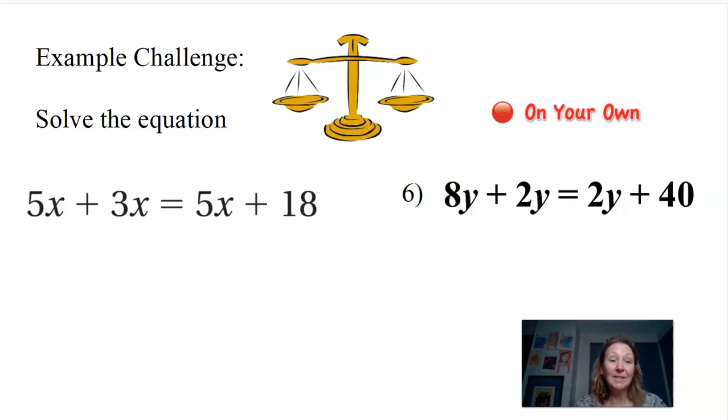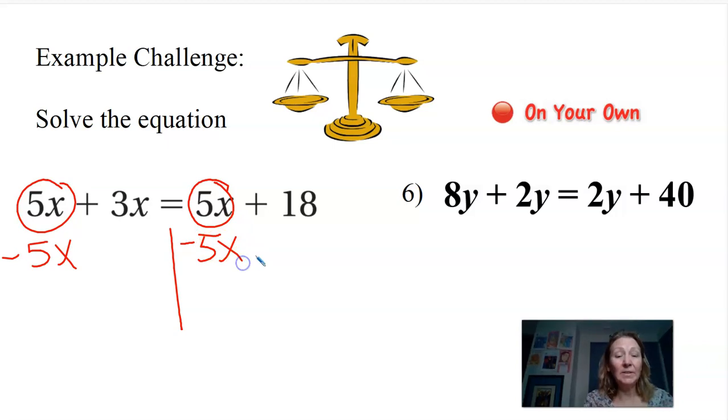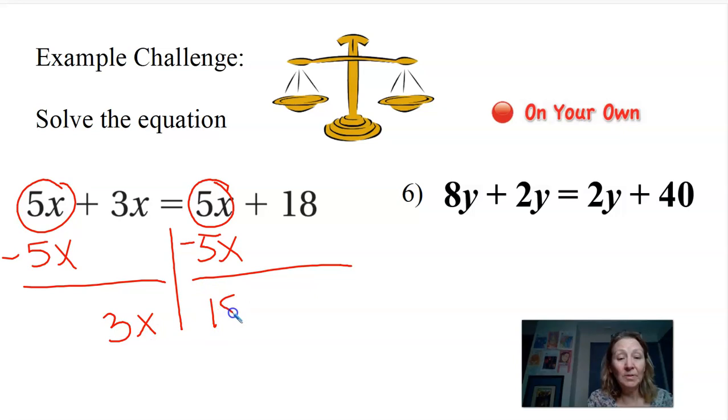So this is kind of like the hands-on equations, right? I normally don't give you equations that have variables on both sides, but since you had a chance to play around with hands-on equations, I just want you to think about whatever you do to one side, you do to the other. So I have this kind of crazy hard equation here, but you might notice that there's a 5x on this side and there's a 5x on this side. So if I remove 5x from the left side and take away 5x from the right side, here's what I'm left with: 3x equals 18.